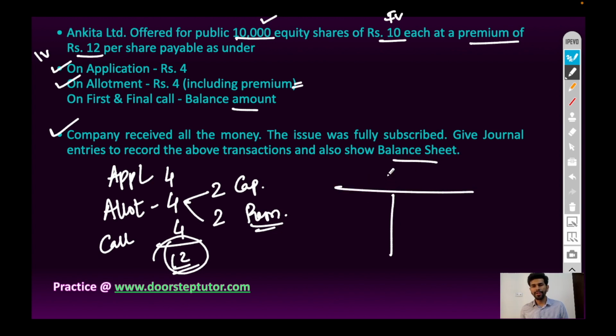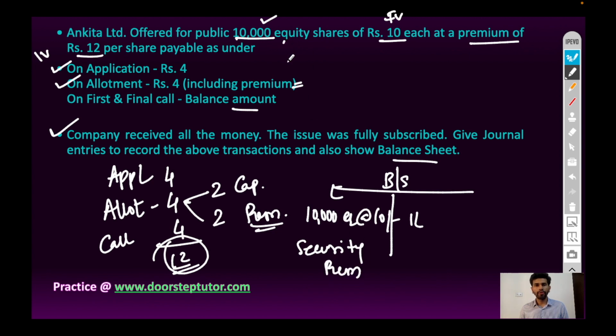So in the balance sheet, on the liability side, issued share capital will be 10,000 equity shares of 10 rupees each. So the amount will be 1 lakh, and security premium will be 10,000 into 2 rupees per share premium, so 20,000.